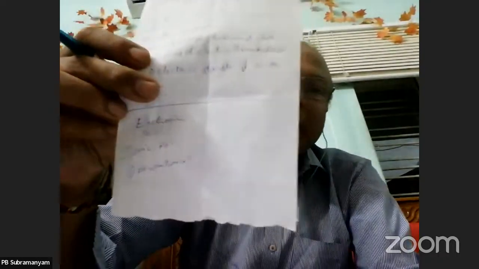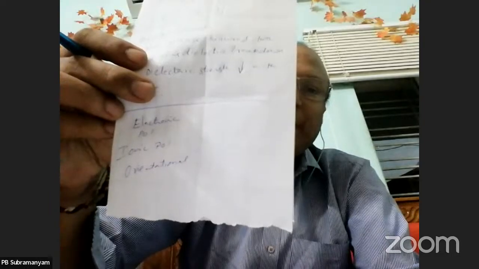There are various others also, like space charge polarization, and so on, which are in the syllabus. These are the different types of polarization. You must have some idea, and if you pay some attention, then it will be easy.